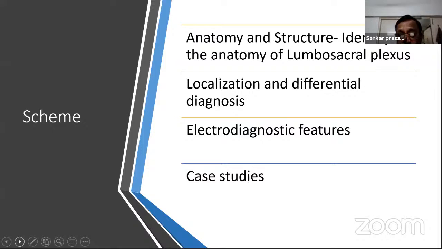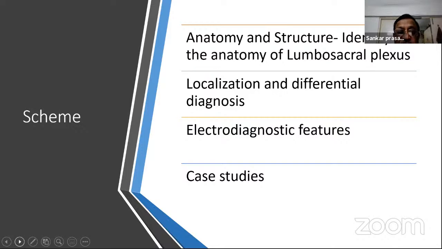So the scheme will be: we'll deal with the anatomy and structure of the lumbosacral plexus, and we'll see how to localize and make a differential diagnosis of various disorders that cause this, the main important aspects in localizing and considering differential diagnosis, and the electrodiagnostic features. I'll be going slightly into the electrophysiology of nerve.